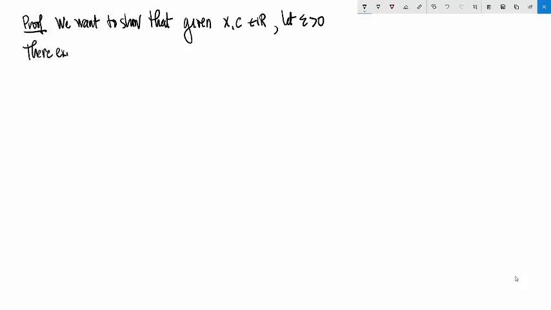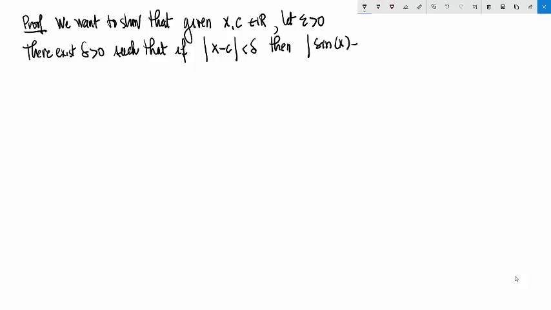So we want to show that given x and c, which are real numbers, and if we let epsilon be a positive number, there exists delta which is positive, such that if the distance between x and c is less than delta, which often depends on epsilon, then the distance between sine of x and sine of c can be made less than epsilon.